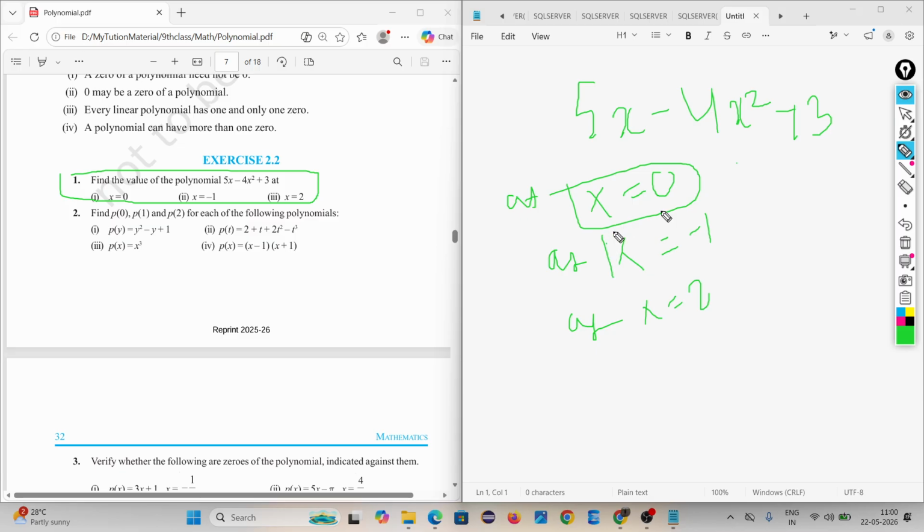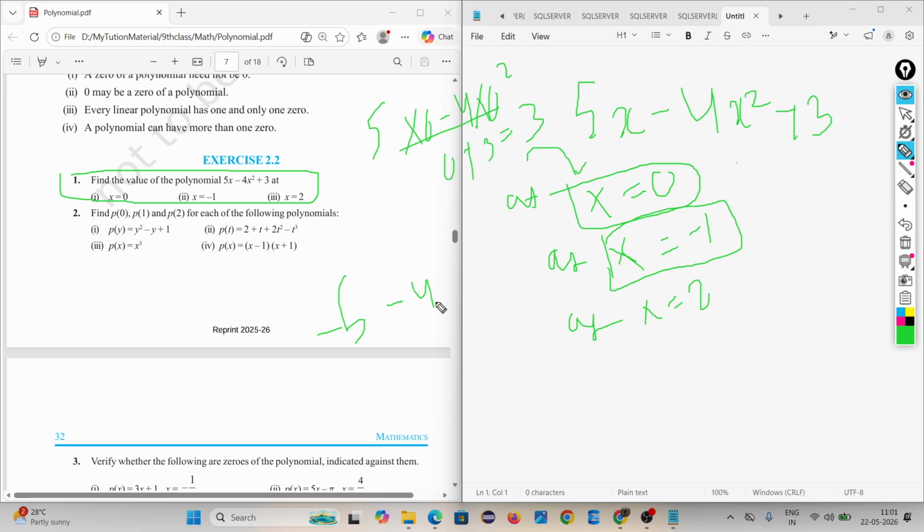Then x equal to minus 1. For x equal to 0: 5 into 0 minus 4 into 0 square becomes 0, plus 3 equal to 3. Now x equal to minus 1: 5 into minus 1 is minus 5.